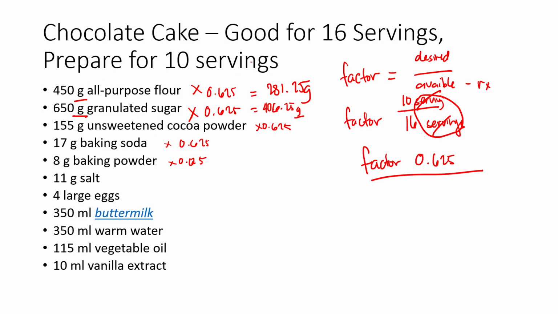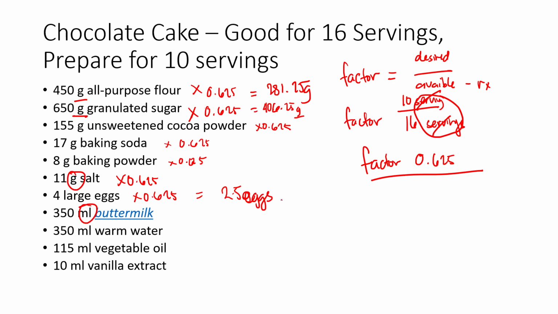I will not be solving them all since this is only a demonstration on how to do it. So that is how you go about adjusting our recipe. It does not matter if it is in ml or if it is in grams. It will always apply the same factor. However, in this case, 4 large eggs, 4 times 0.625, you have 2.5 eggs.